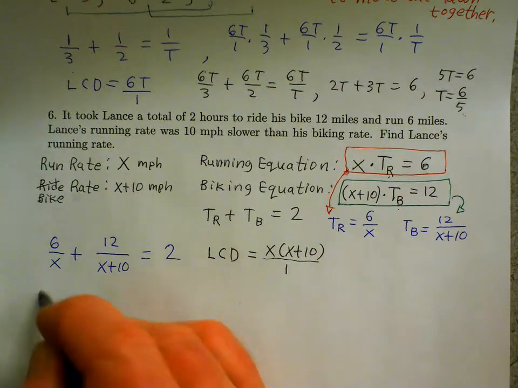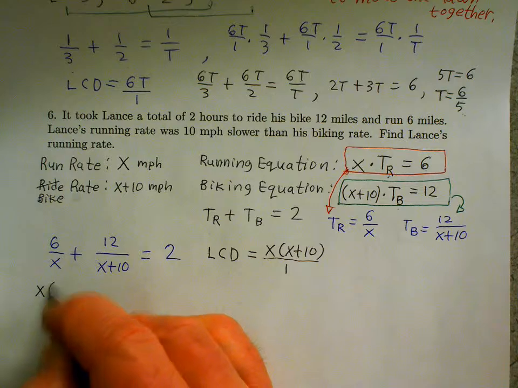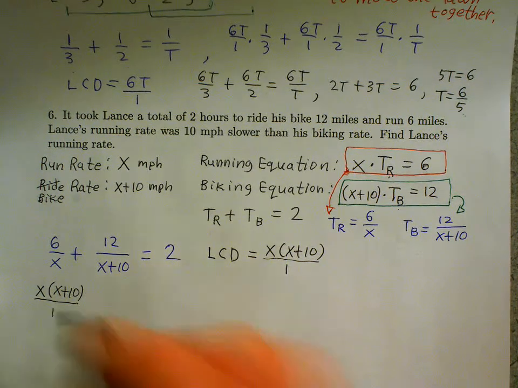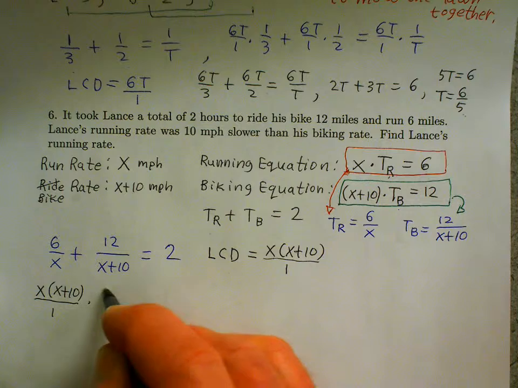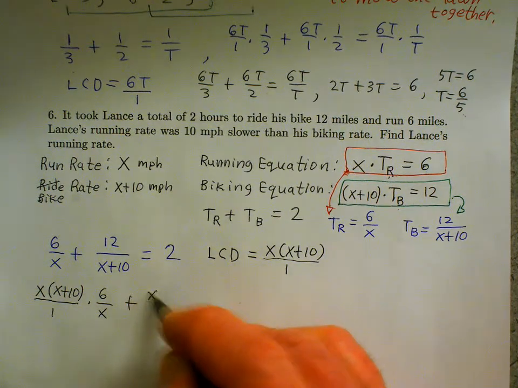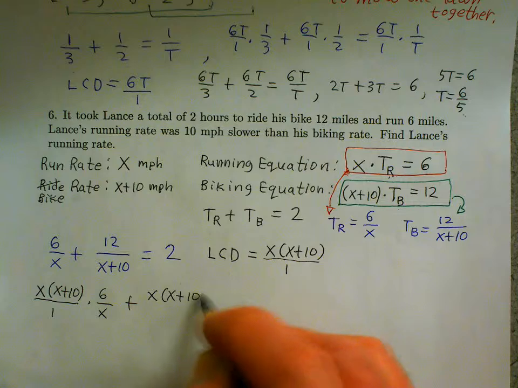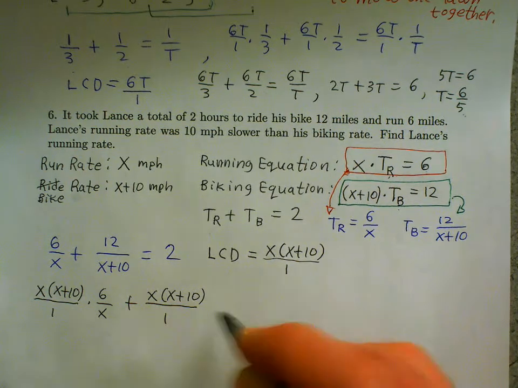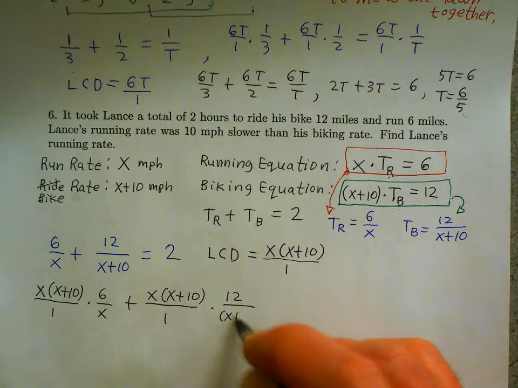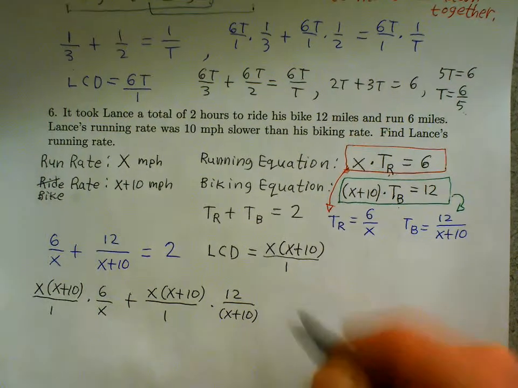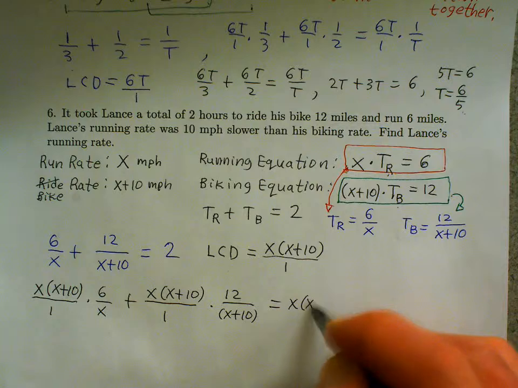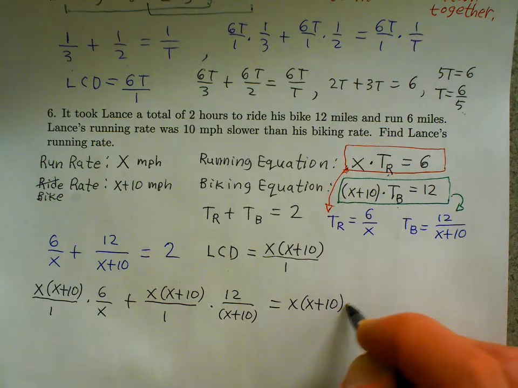So multiply every term on both sides by x times x plus 10 over 1. So x times x plus 10 over 1 times 6 over x, plus x times x plus 10 over 1 times 12 over x plus 10. And then on the right-hand side, x times x plus 10 times 2.